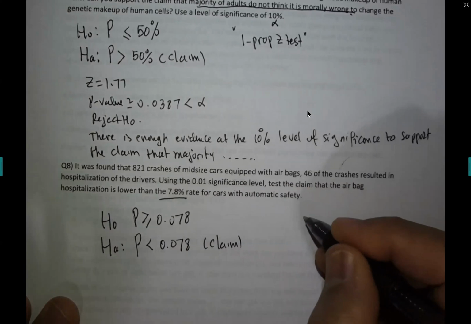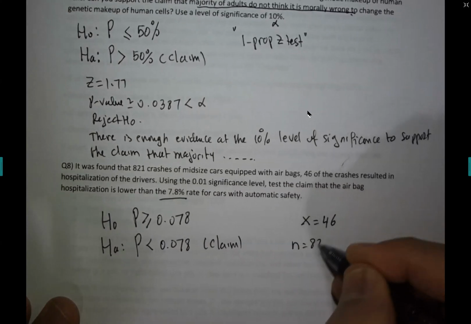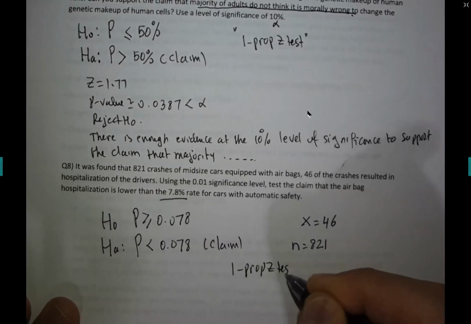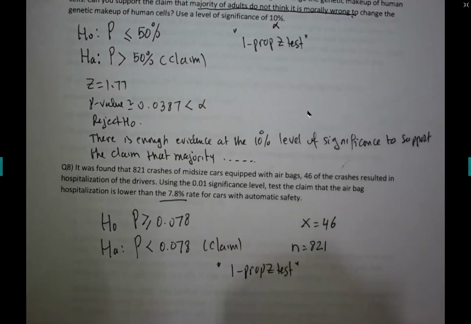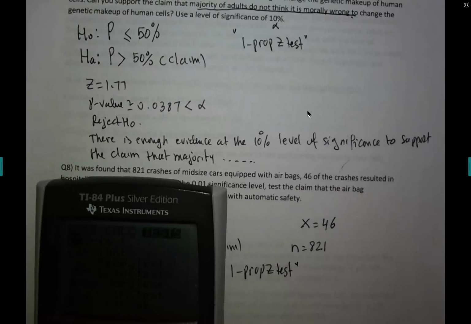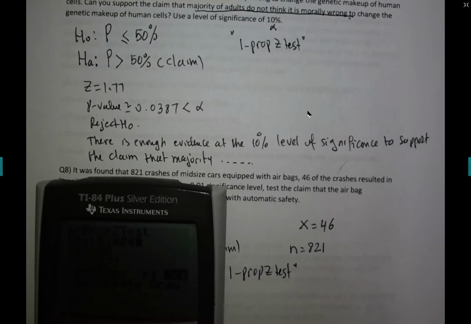So X is 46 and N is 821, and it's 1-prop Z test. So 0.078.